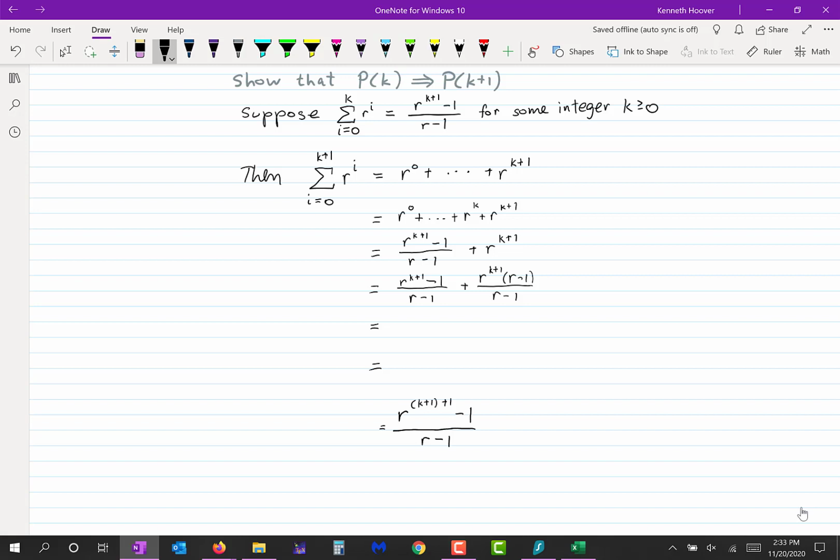Okay, which would be r to the k plus 1 minus 1 over r minus 1 plus r to the k plus 2 minus r to the k plus 1 over r minus 1. Do you see what I did there? I just distributed here, that's all.